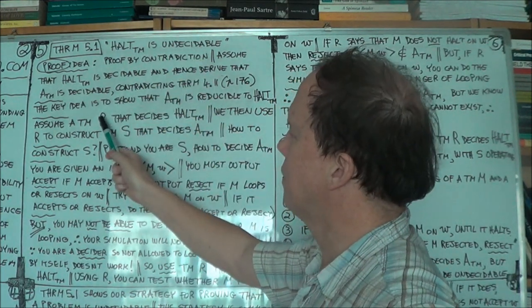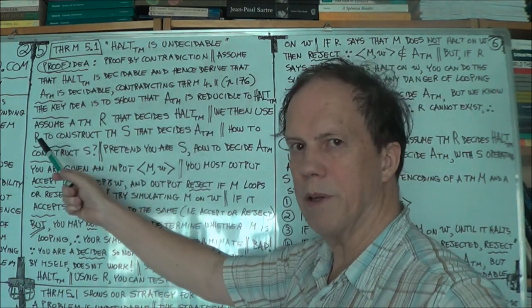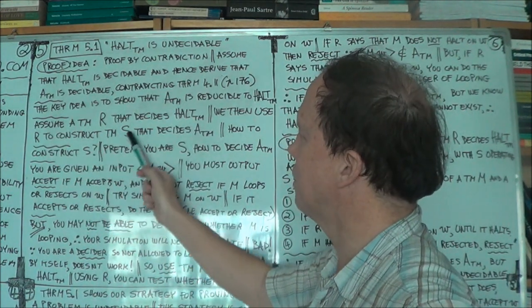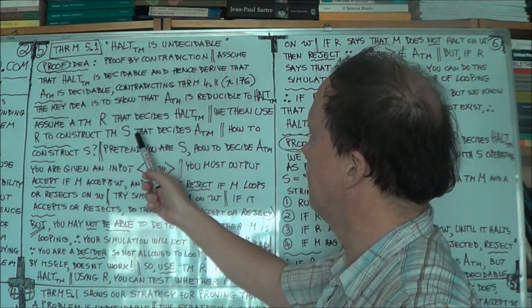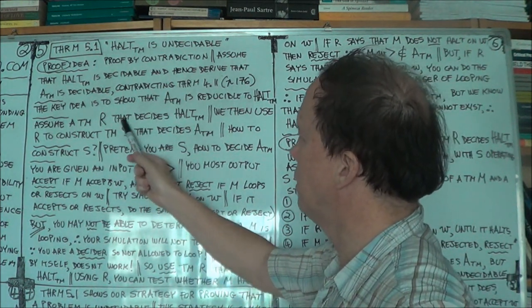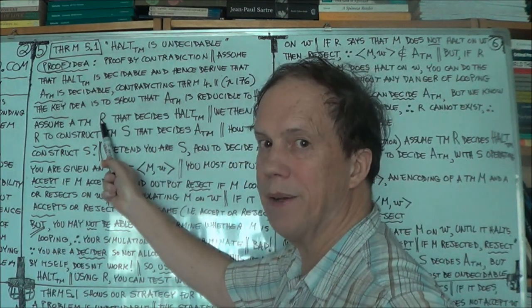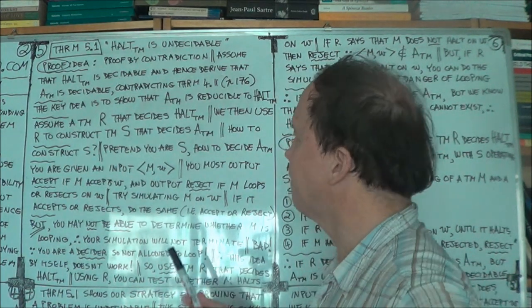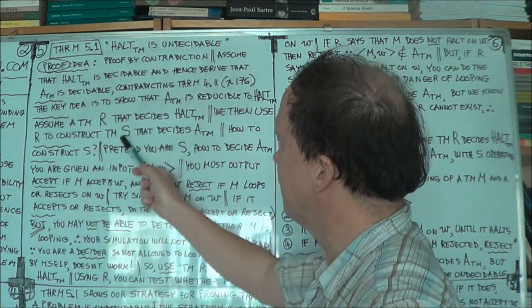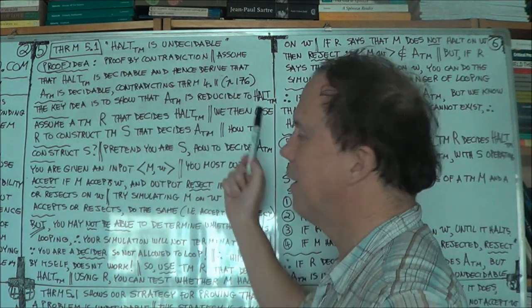We're going to use that Turing machine R that decides this language as a component, a part of some larger Turing machine, called that S. Okay. And we will have this Turing machine S that uses R as a part. This machine S, we will show, actually decides this.